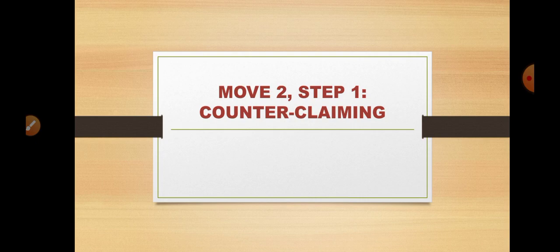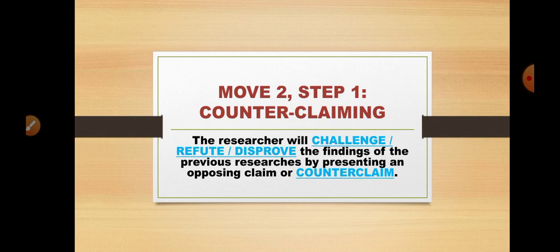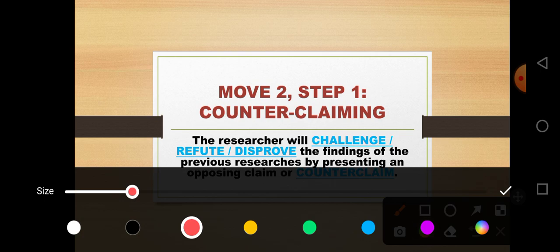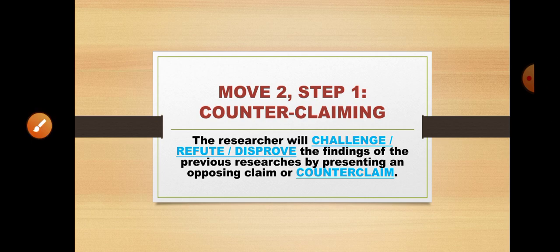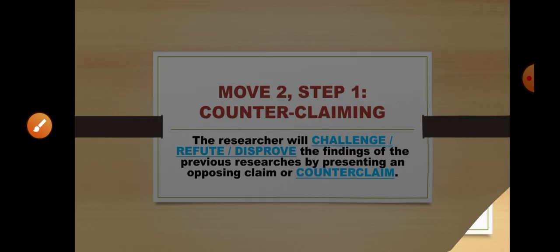In counterclaiming, the researcher will challenge, refute, or disprove the findings of the previous researches by presenting an opposing claim, or what we know as a counterclaim. Let's move on to the next step on how we write Move 2.